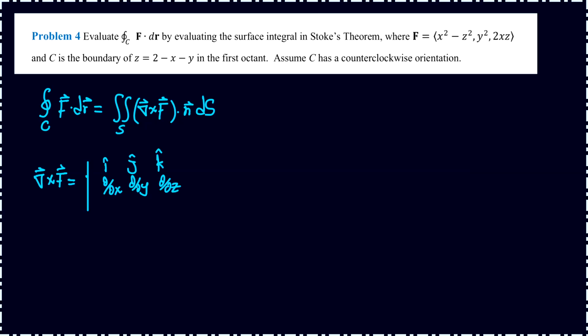And the vector field is x squared minus z squared. Might have to open up some room for that. Okay, j hat component is just y squared. K hat component is 2xz.